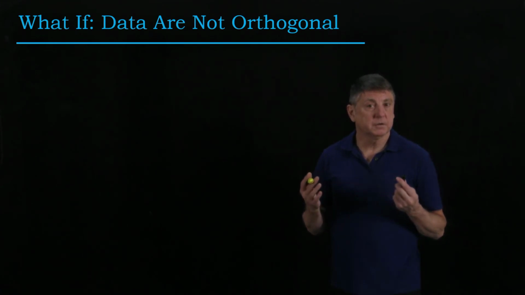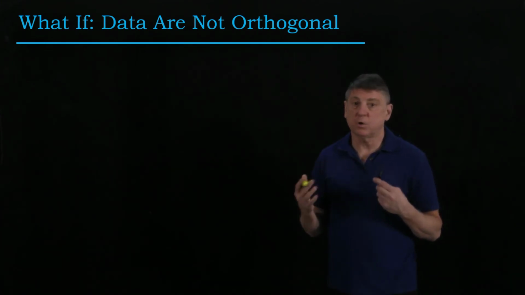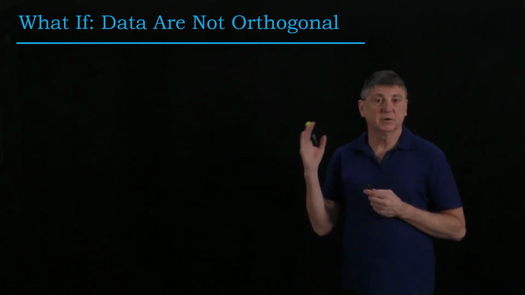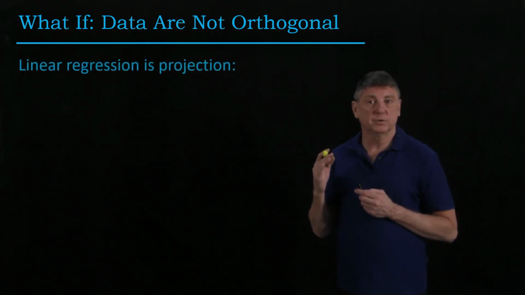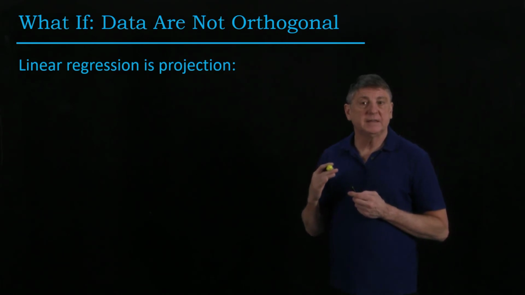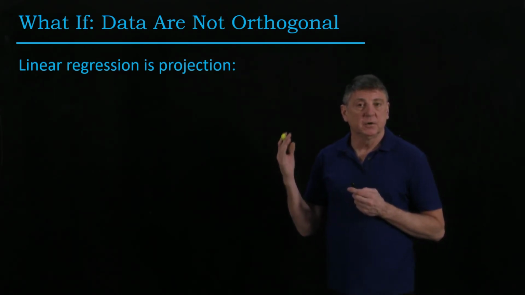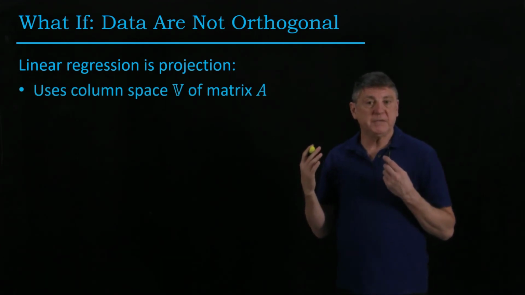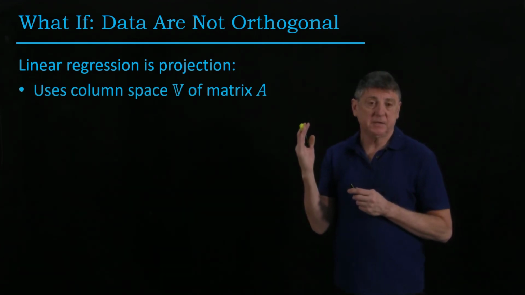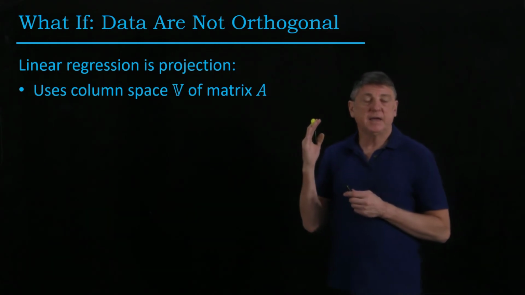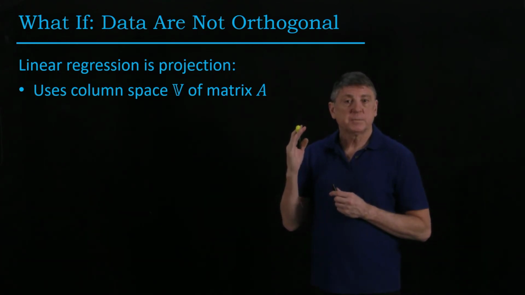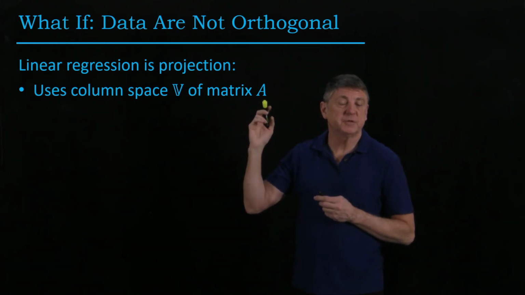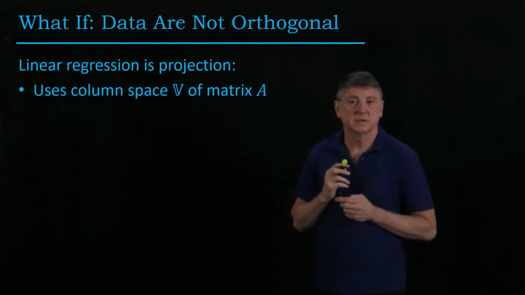Now, another question which arises all the time in linear regression is what happens if our data are linearly independent but not orthogonal? For linear regression, we're viewing it as a projection problem. What that means is we're trying to take the dependent observations C as a vector, and we're trying to project those into the column space of the matrix of independent observations.